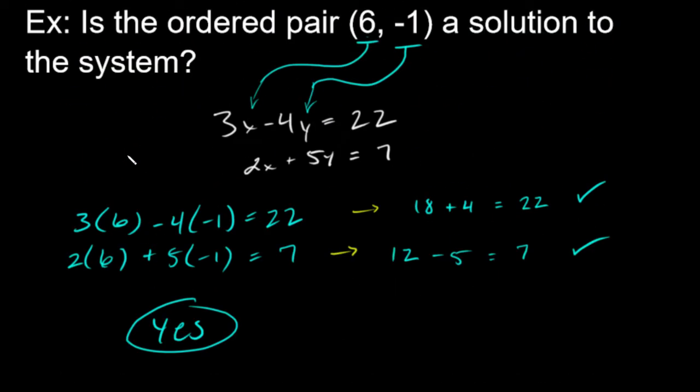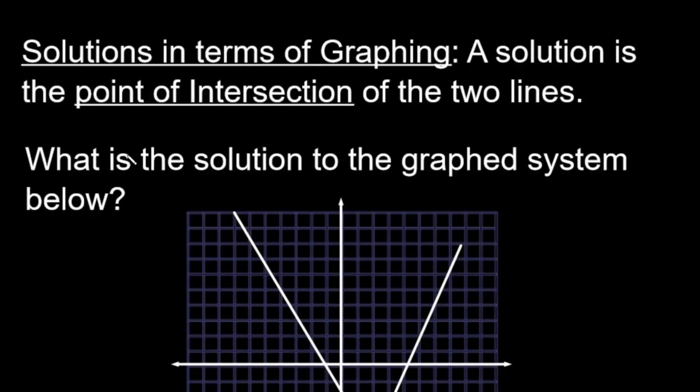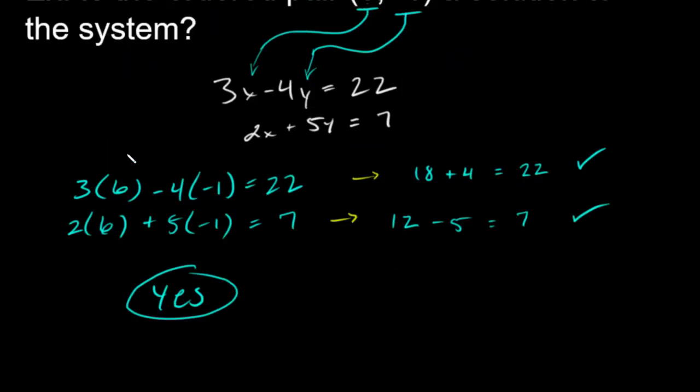Now, that's not the only way to think about a solution to a system. Another way to think about a solution to a system is on a graph. This equation represents some graph. You could find the x-intercept and the y-intercept and connect the dots, just like we did in the last chapter.